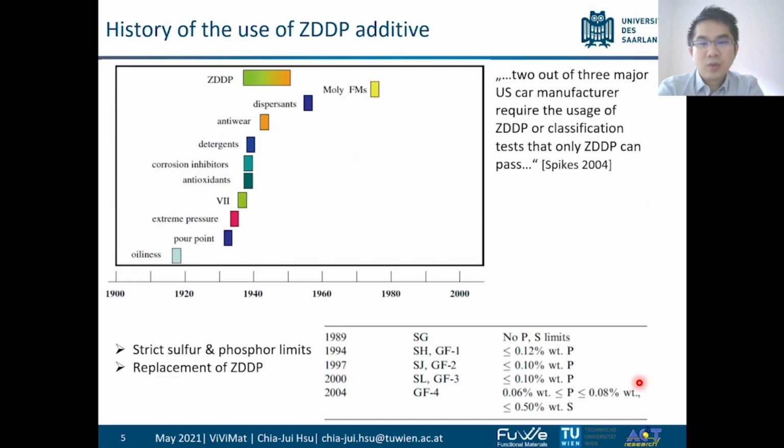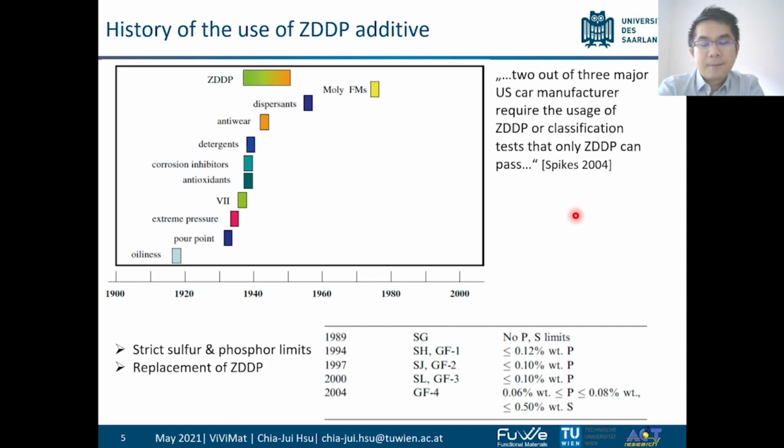ZDDP has been used in the industry for more than 80 years. It was claimed that two thirds of manufacturers required it, and it is very powerful, promising to decrease wear and friction with some other extra functions like antioxidation and extreme pressure resistance.